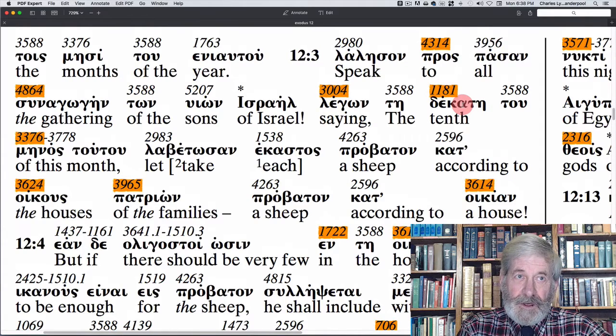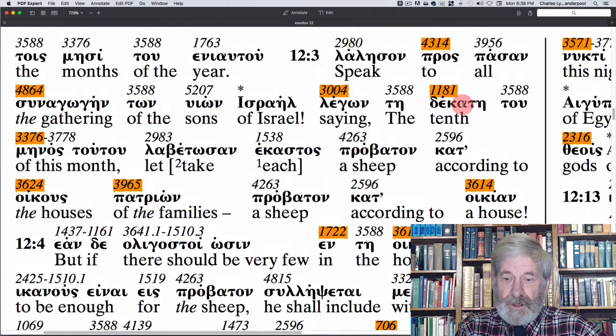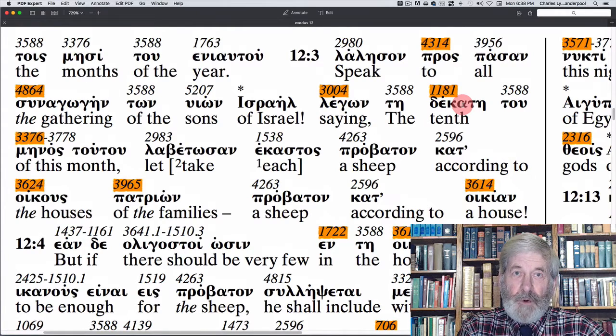But here, the word would be provaton. It doesn't necessarily mean it is a sheep, doesn't necessarily mean it is a goat. It could be either one. It's actually of the flock, which the sheep and the goats both have.